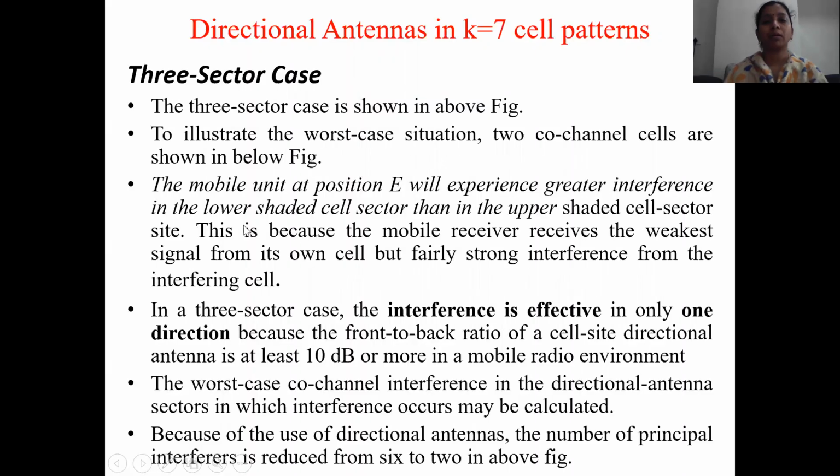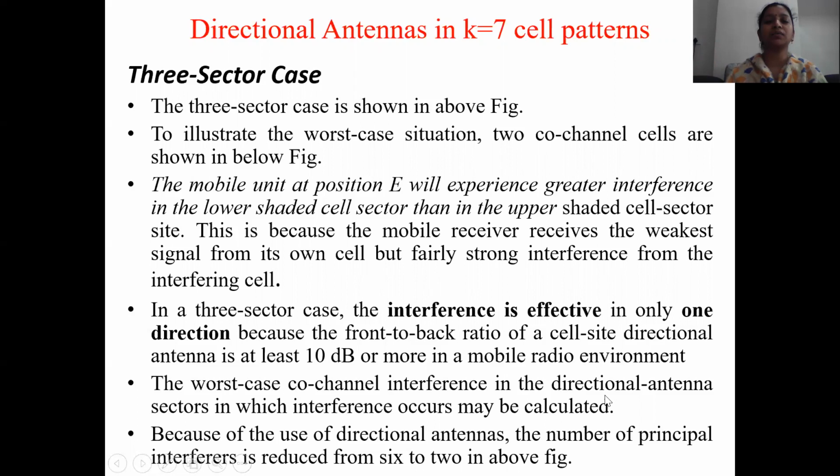This is because the mobile receiver receives the weakest signal from its own cell side and fairly strong interference from the interfering cell. In a 3 sector case, the interference is effective in only one direction, because the front to back ratio of a cell side directional antenna is at least 10 dB or more in a mobile radio environment. So only in one direction will the radiation pattern be there; at the back side there will be no radiation effect.